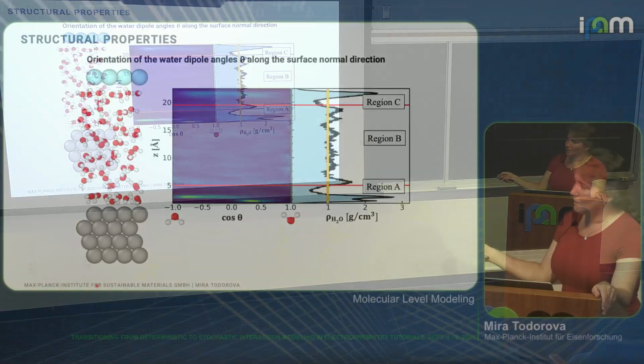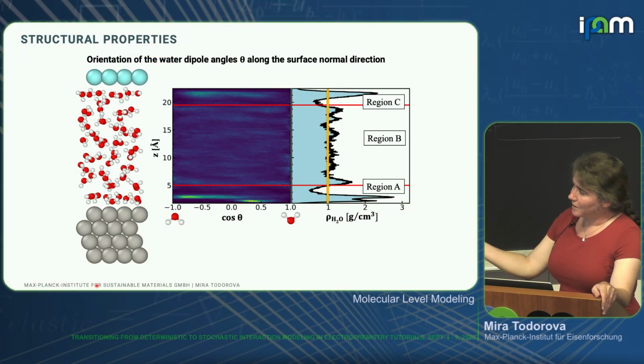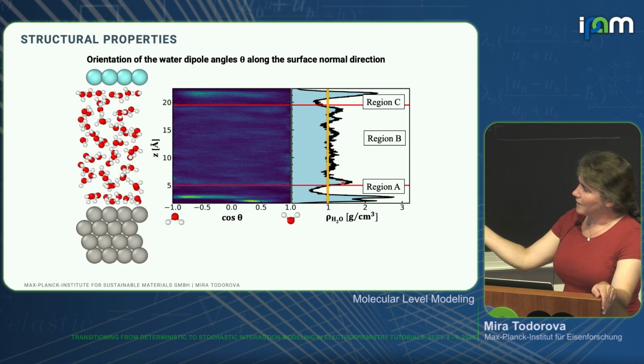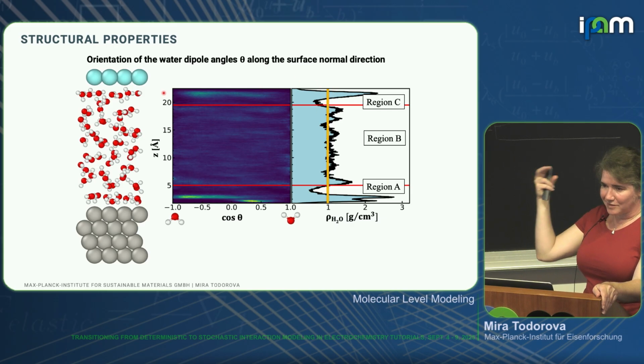And if we look at the density of water, we do see that in this region, which I again somehow lost my pointer here, we have on average the bulk water density. We do have, however, fluctuations in the density, so we do have a structuring of the water close to the surface. We do have a little bit of structuring at the neon, but again, this is something that we typically ignore.